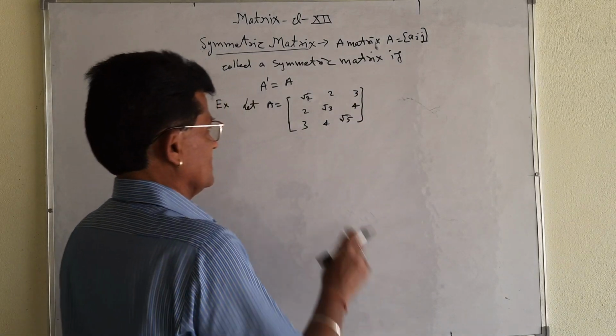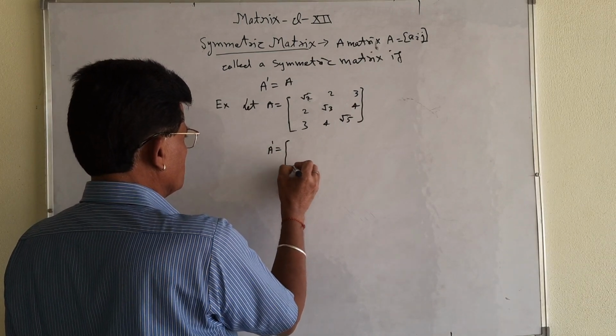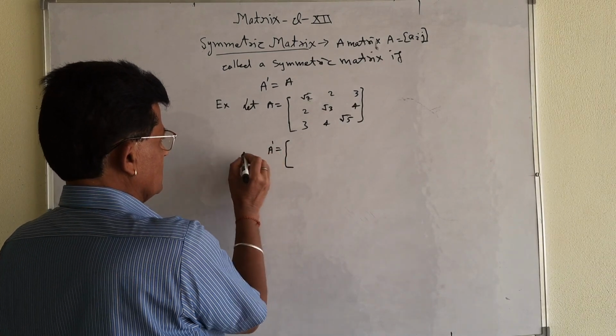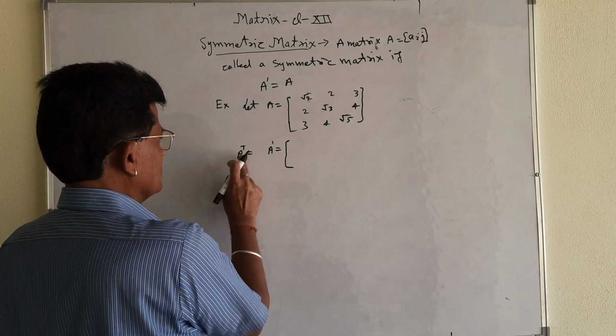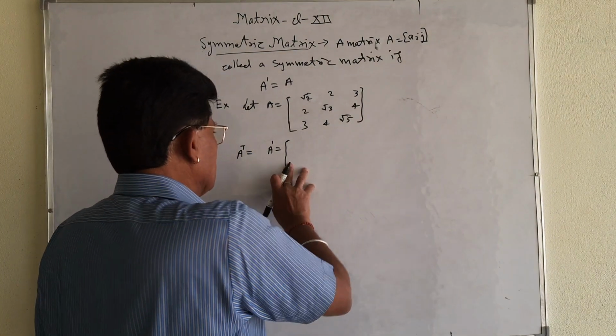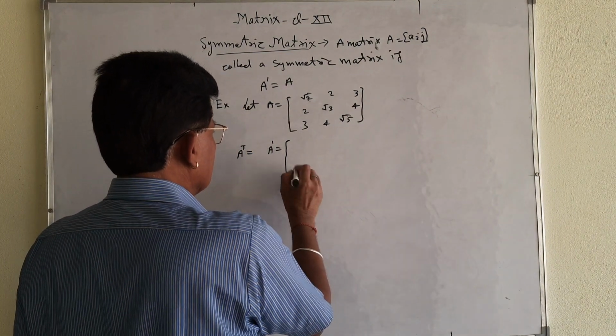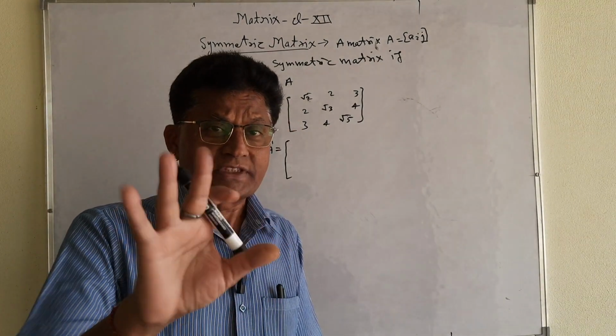To get the transpose of this matrix, a very important thing I am going to tell you. Transpose, either you write A dash or you write A T, A transpose. Transpose means you interchange the rows and columns only.